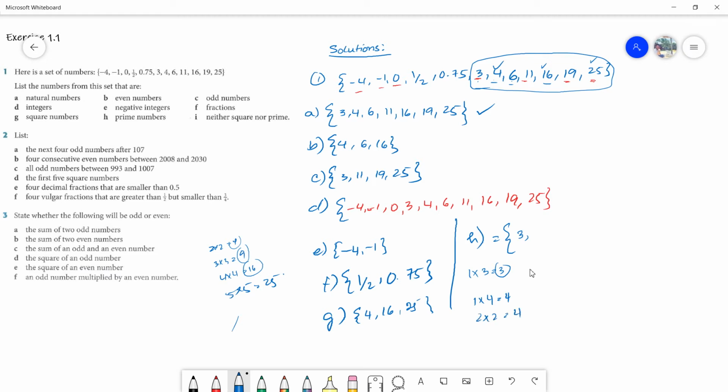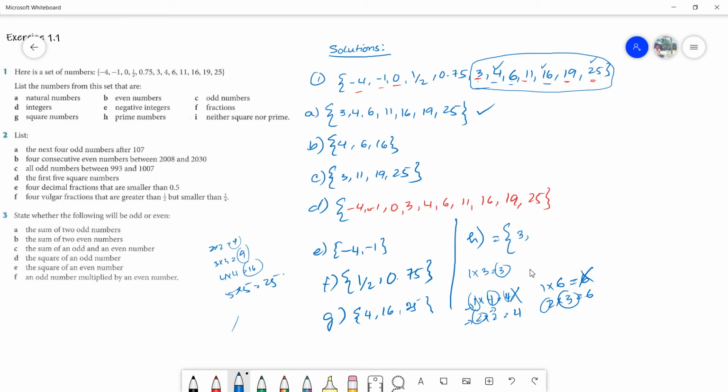As you can see, it has 1, 2 and 4, so this number 4 can be divided by 1, by 2, and by 4. Hence this is not a prime number. 6 also has the same. 1 times 6 is 6, 2 times 3 is 6. So we have other factors. Hence, this is not a prime number.